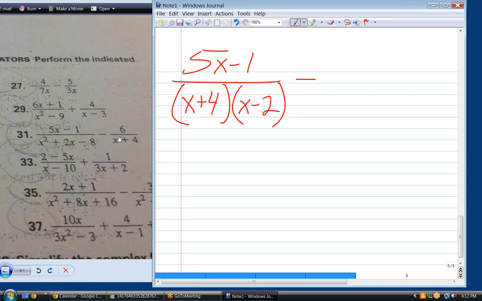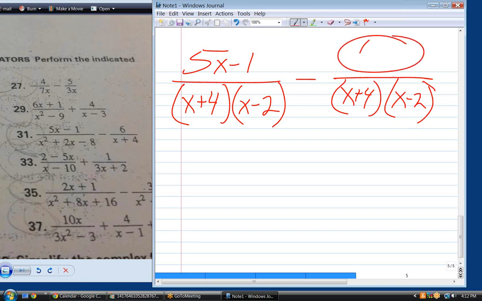So that, again, is going to be our least common denominator because you have an x plus 4 over here. So I know that x plus 4 times x minus 2 is my least common denominator. You see why? Yeah. Okay. And what goes here? 6x minus 12. Like that?